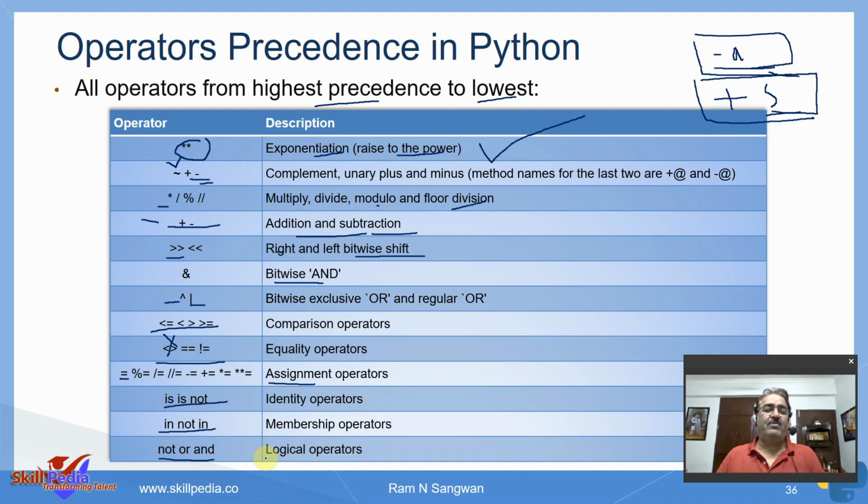This is the lowest precedence. So if you have all these operators in an expression, first this will be resolved, then this, then 3, 4. This is the priority in which they will be solved in Python.